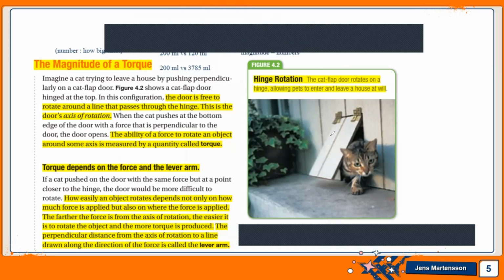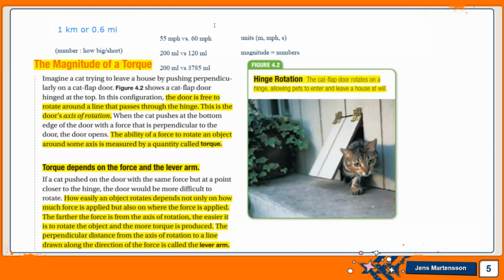I can tell you which one is bigger if 1 kilometer... Okay, I can ask you, what has more magnitude? 1 kilometer or 0.6 miles? They are the same?